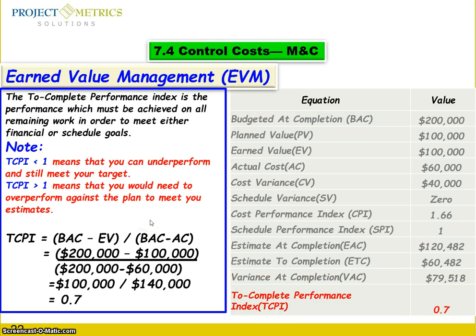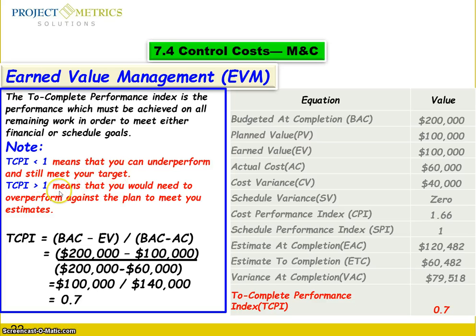Now we have two numbers here for the to-complete performance index. It is the performance which must be achieved on all remaining work in order to meet either the financial or schedule goals. But I'd like you to note here the figures you are going to get. If it is less than 1, it means that you can underperform and still meet your project target.